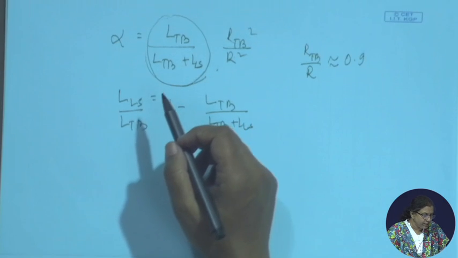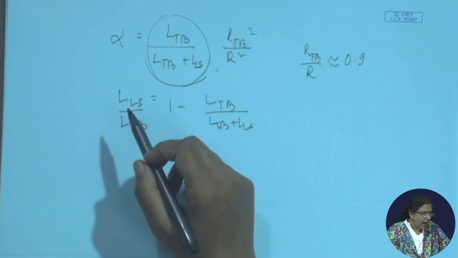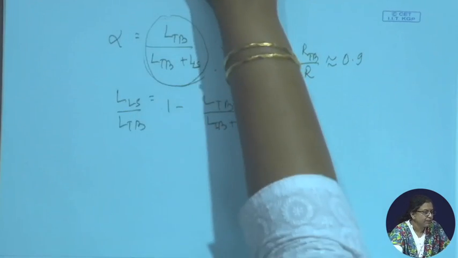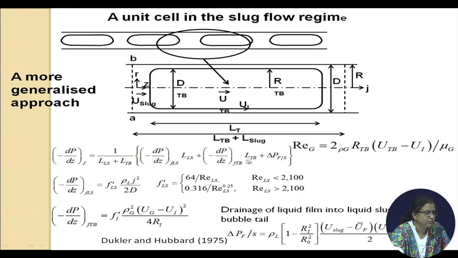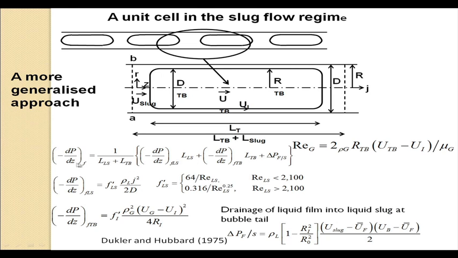So, therefore, this can also be derived, and once this has been derived, then we know all the terms here, we can substitute the terms and find out the frictional pressure gradient for the unit cell in the slug flow pattern, and this gives us the frictional pressure gradient for the entire slug flow pattern.